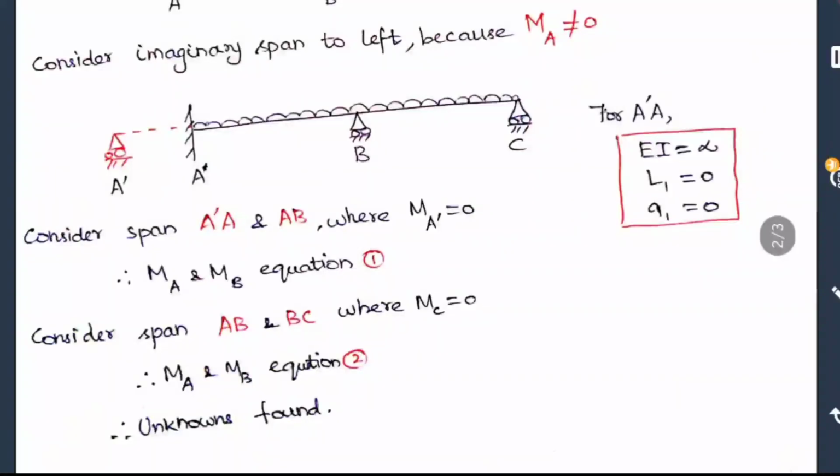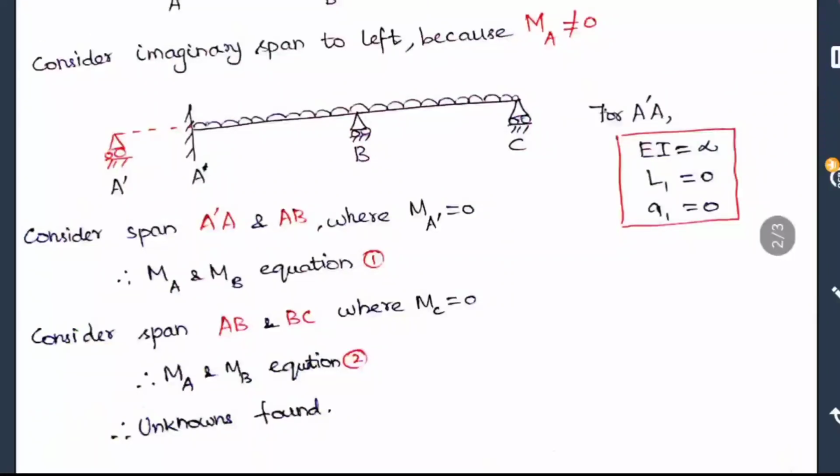So the equation will be in the form of MA and MB alone. Next you have to take the span ABC, and you can apply MC is equal to 0 because it is at a simply supported end only. So now also you'll be getting another equation with MA and MB. So you're getting two equations and two unknowns, and you can find the MA and MB values.